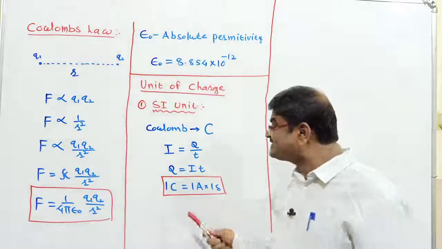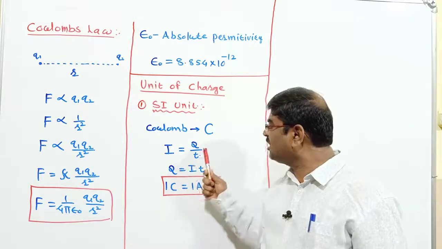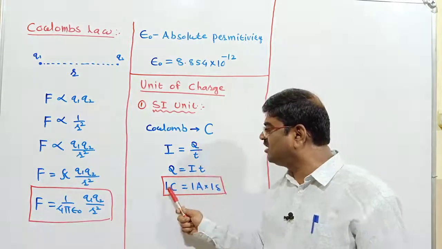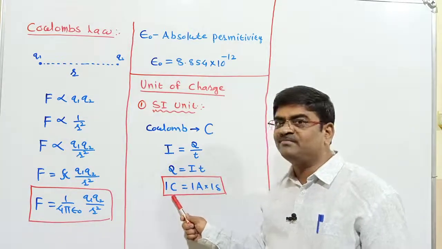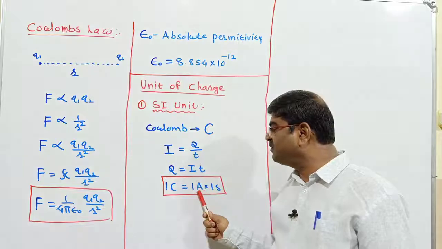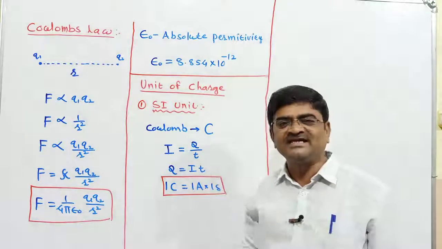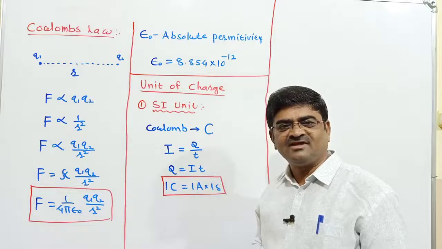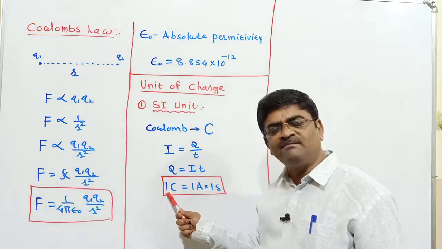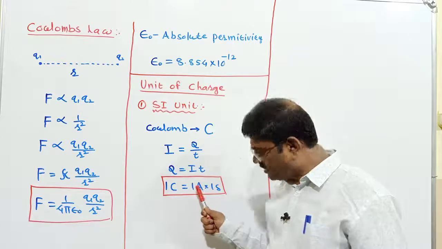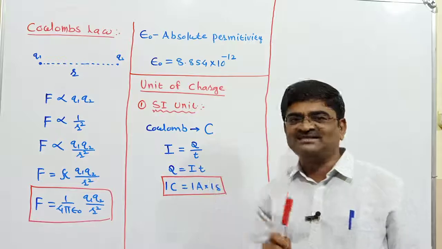I would say the charge flowing through the conductor is said to be 1 coulomb if 1 ampere of current flows through that conductor for 1 second. I repeat, charge is said to be 1 coulomb if 1 ampere of current flows through the conductor in 1 second.